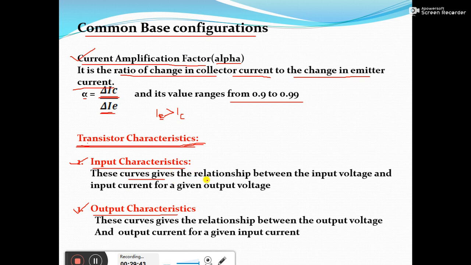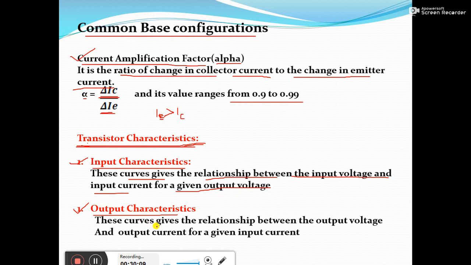Input characteristics tell the relationship between input voltage and input current for a given output voltage. The output voltage is maintained constant, and for different output voltages, the relationship between input voltage and input current is studied.